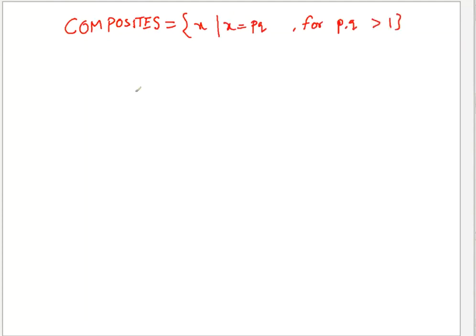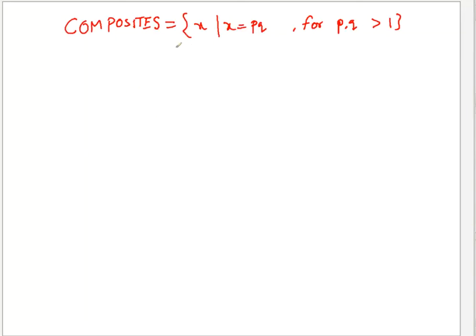Now it contains all the composite numbers, right? For the composite problem, again, if you have to check whether it's a polynomial time verifiable problem or not, the answer is very simple.